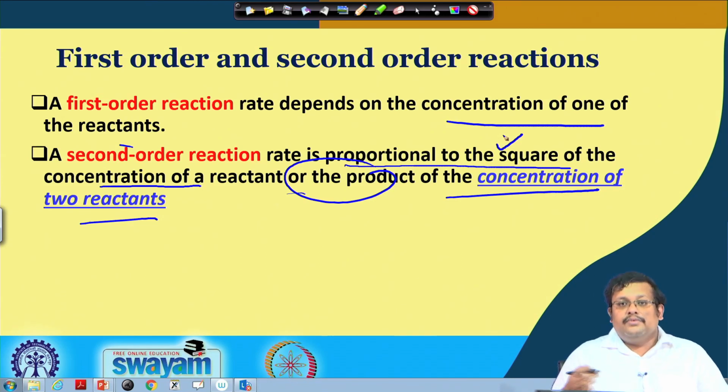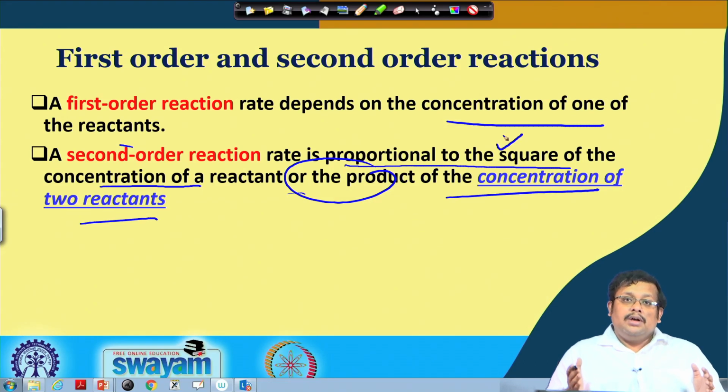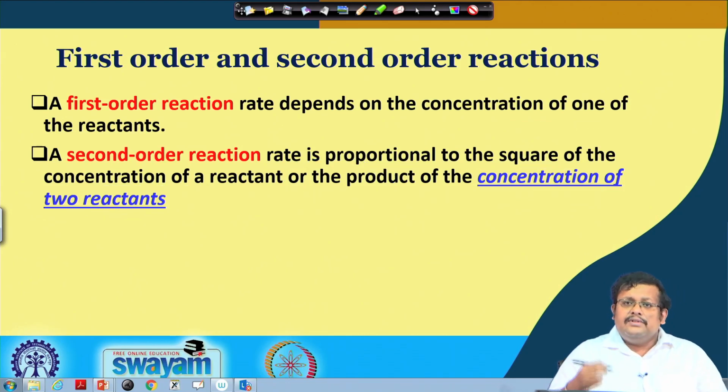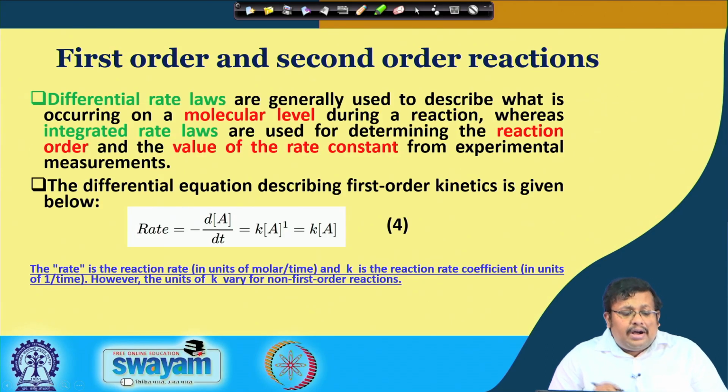So, we can view it from either aspect, either as the square of the concentration of a particular reactant, or as a product of the concentrations of the two reactants. We will see that in detail when we discuss the differential form as well as the integral form of these equations. So, what is the first order and second order reaction?